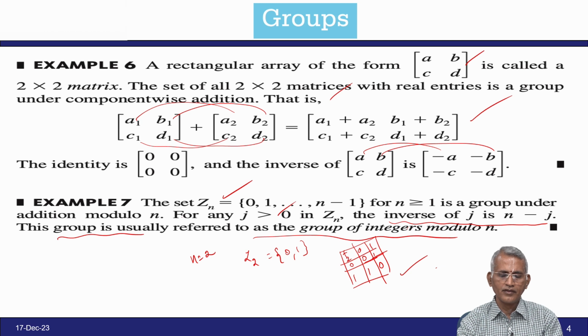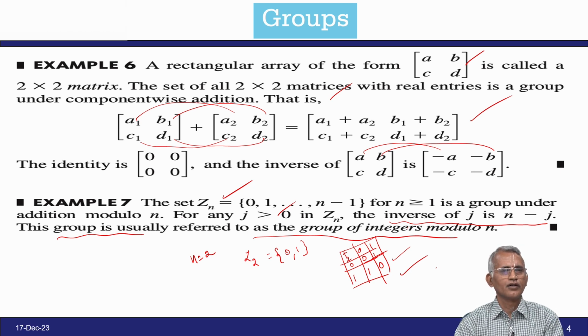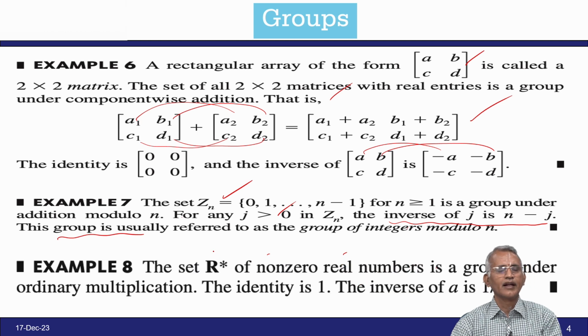So 0 has the inverse 0 and 1 has the inverse 1. Therefore it satisfies the inverse property, and therefore it forms a group. We can extend this example 7 to n equal to 3, n equal to 4 and so on, n equal to n, so that the set of elements consists of 0 to n minus 1, and check whether it is a group or not.